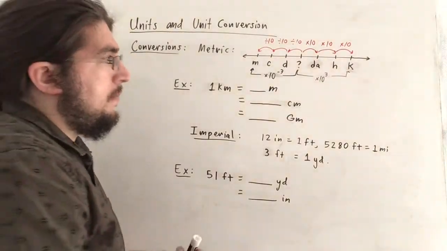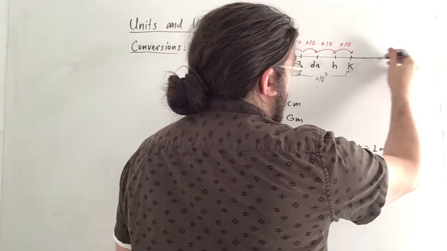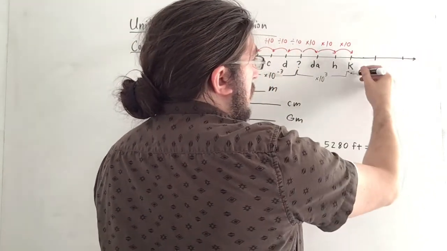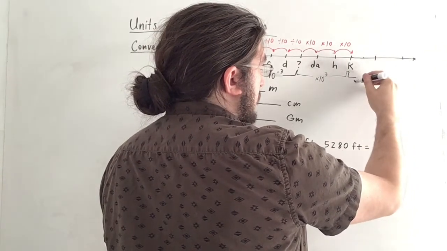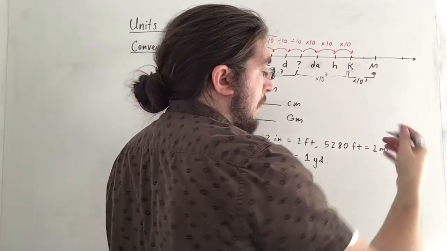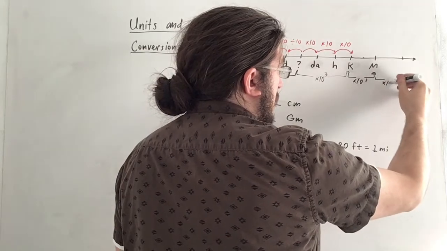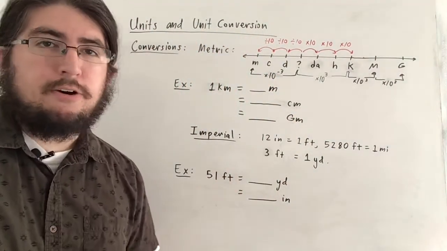If you remember that negative powers just means dividing, basically. So if you were to jump a few more out here, let's just say, imagine this is going back a few more spaces here. If you jump another times 10 to the third, another 1,000, you get to mega. Think of megabyte. And then here you would get to giga. Think of gigabyte. The next one would be tera, like terabyte.